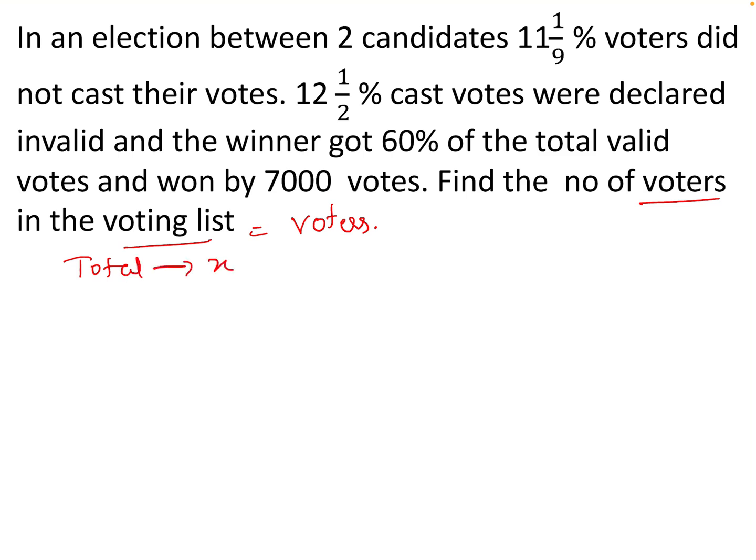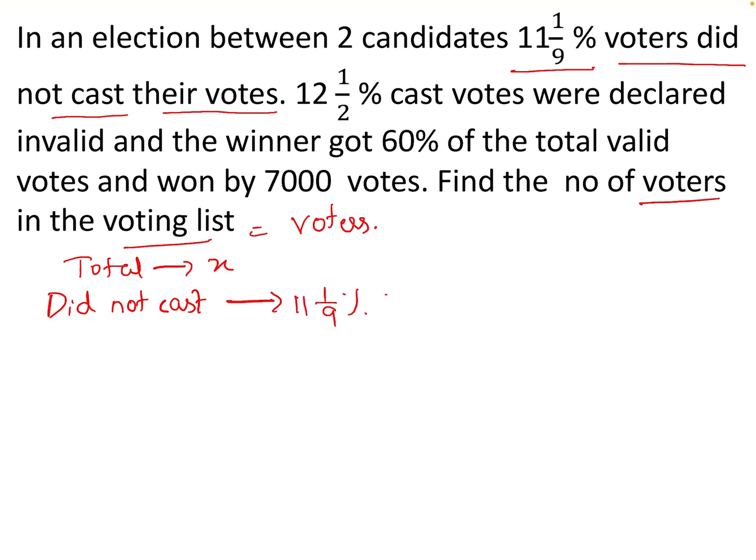Next, we know that 11 won by 9% voters did not cast their votes. So how many people did not cast their votes? It is 11 1 by 9%, which we know is equal to 1 by 9.